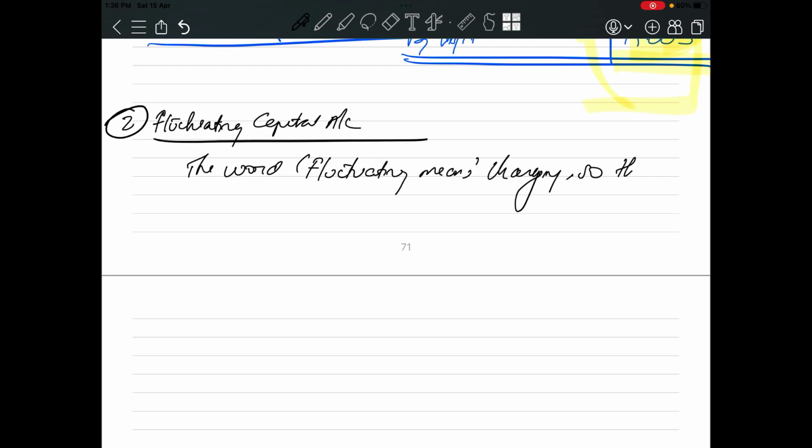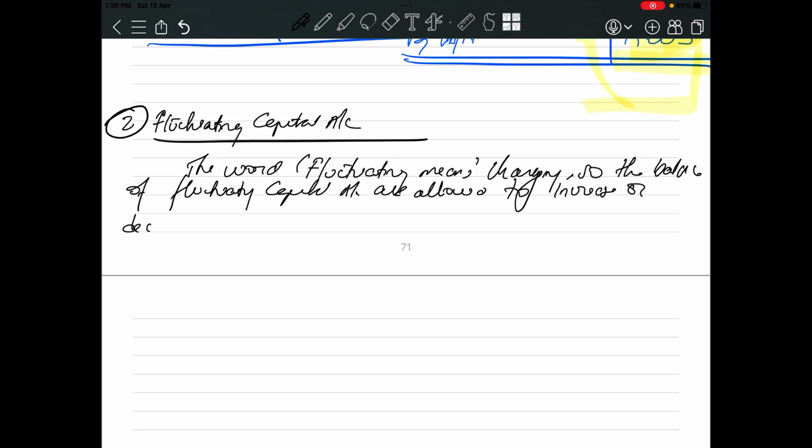So the balance of fluctuating capital account is allowed to increase or decrease.